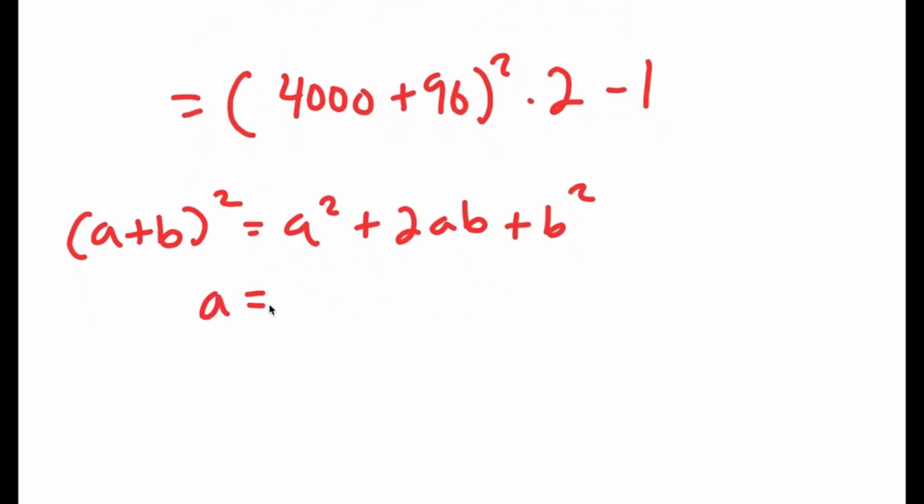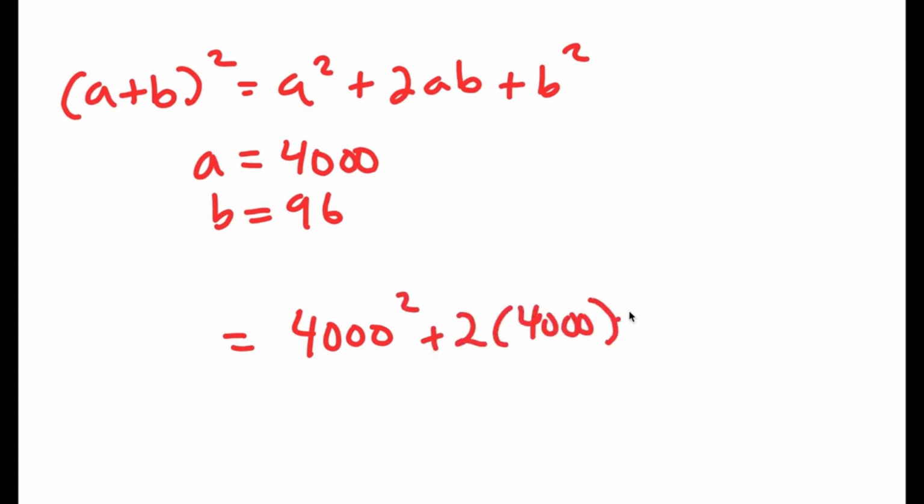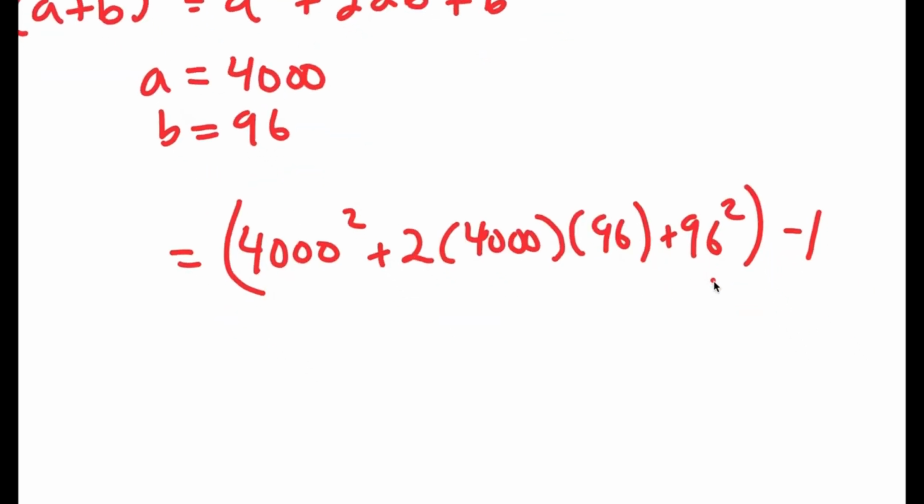So in this case, a is 4,000 and b is 96. So this turns into 4,000 squared plus 2 times 4,000 times 96 plus 96 squared. Oh, sorry, all of this times 2 minus 1.